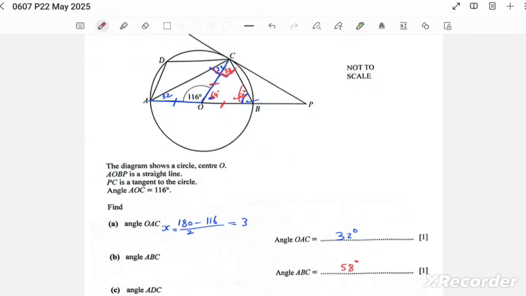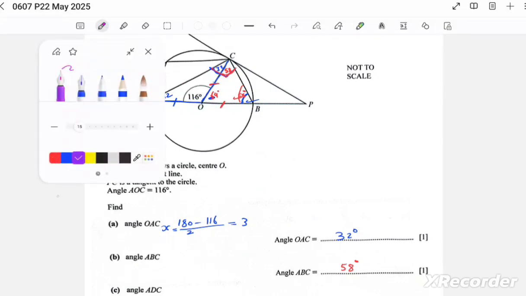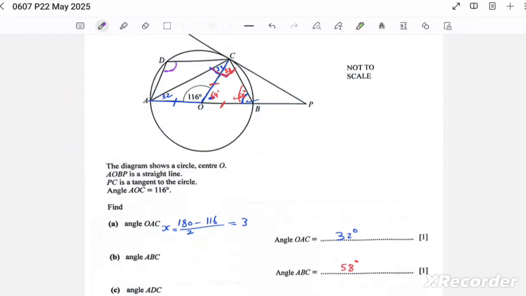Okay, next one is angle ADC. ADC. This one. As you see, this angle here on this vertex and this one, both of them opposite angles, equal 180.